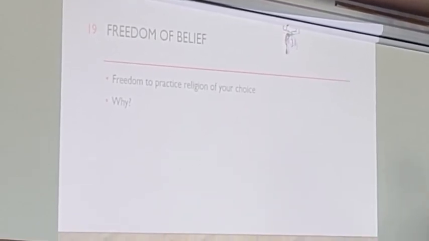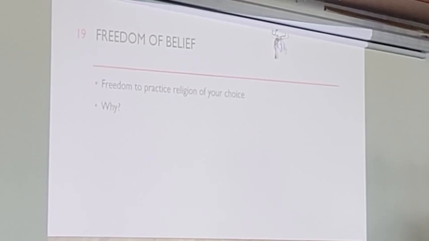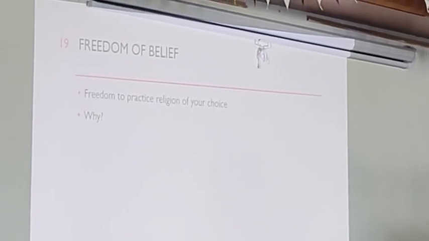Many of the colonies had actually had established religions. Pennsylvania, Quaker. Maryland, Catholic. Virginia, Anglican. Massachusetts, Puritan. So these states, colonies becoming states, they had established religions.